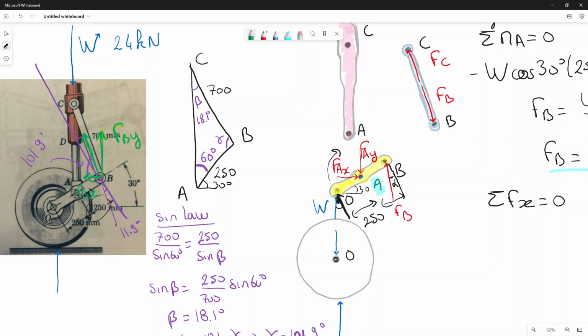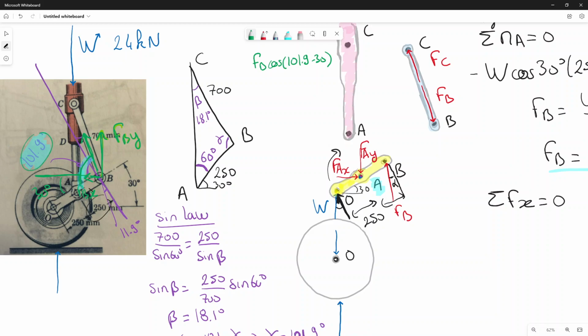So what we know, not that bad. We know this angle, 101.9 there, until this one. And we know that this angle there is 30 degrees. So on X, we will have FB cosine of 101.9 minus 30, because we want to have this one.